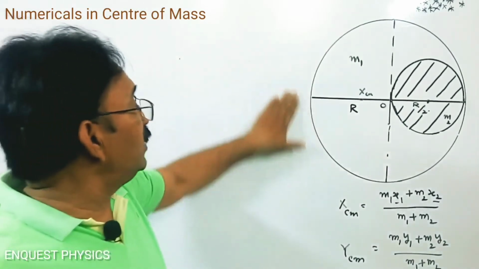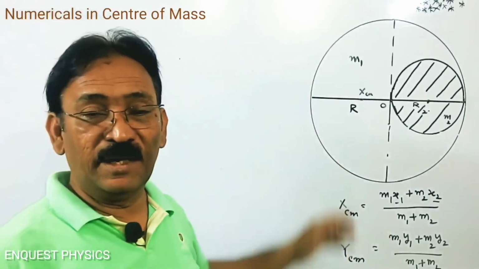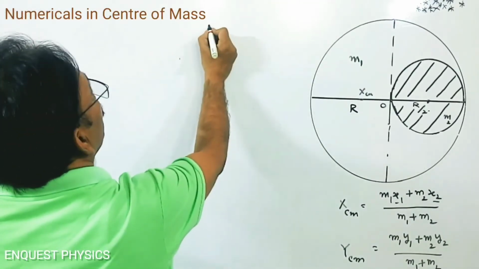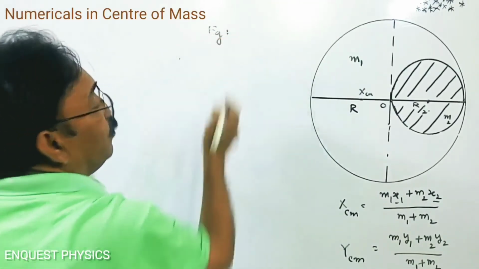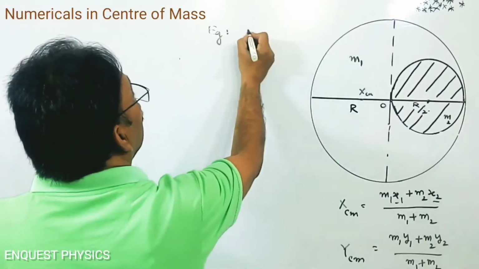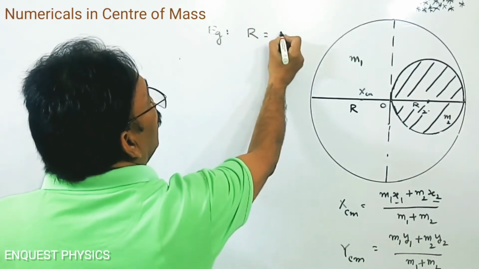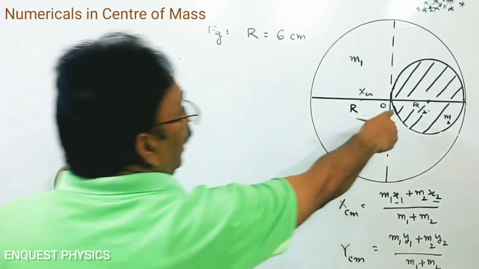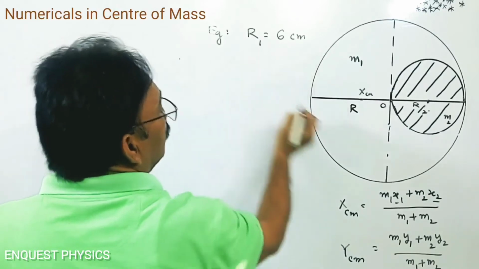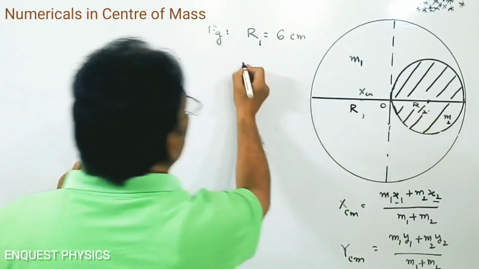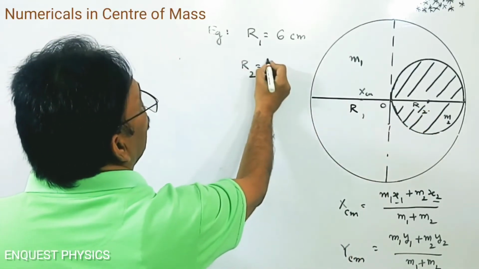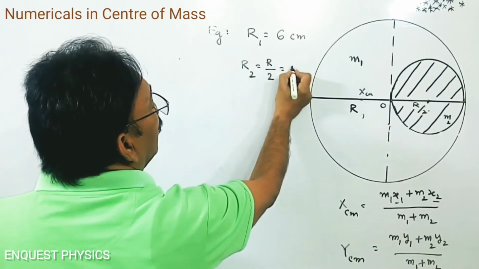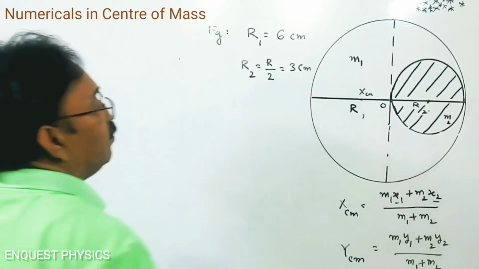Let's do one more problem, students, which depends upon the same concept that you did right now. Here in this example, let's take the radius which is equal to 6 centimeter. Okay students, and the removed part, you say it has the radius r2, and r2 is equal to, as I told before, 3 centimeter.